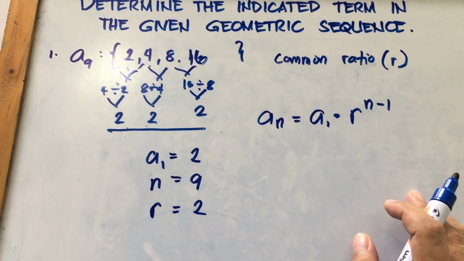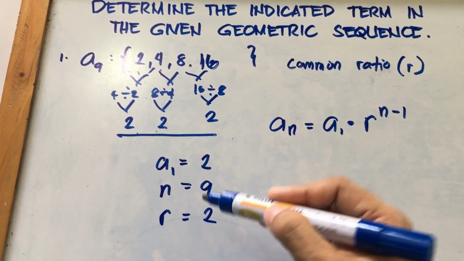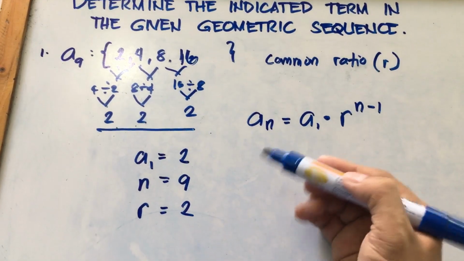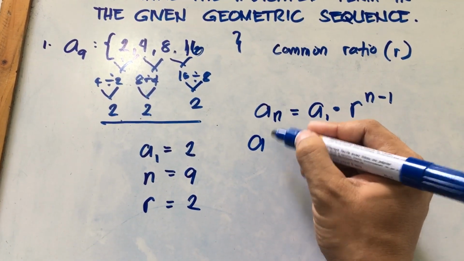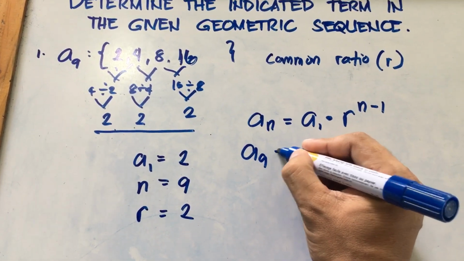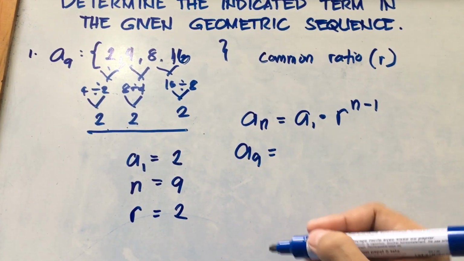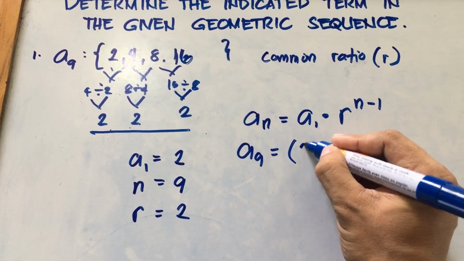Since we have the values of a sub 1, n, and r, we substitute the values. a sub 9 indicates the ninth term, that's what we're looking for. a sub 1 is 2, so put 2 inside the parentheses.